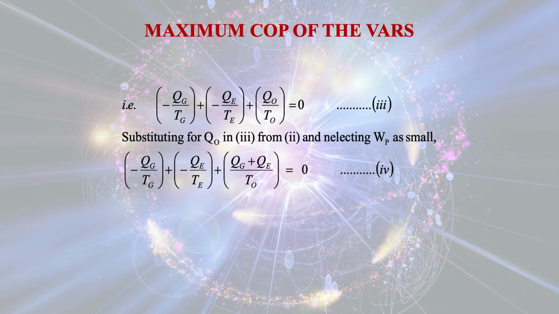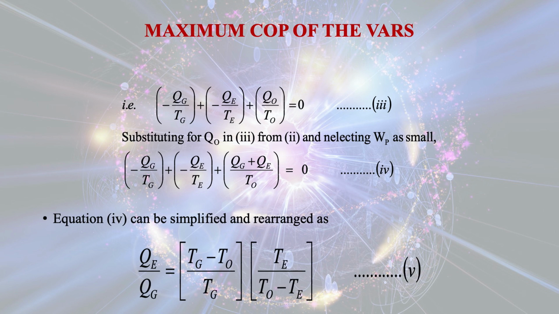Substituting for Q0 in equation 3 from equation 2 and neglecting WP, which is very small, we get minus QG divided by TG plus minus QE divided by TE plus (QG plus QE) divided by T0 equal to 0.